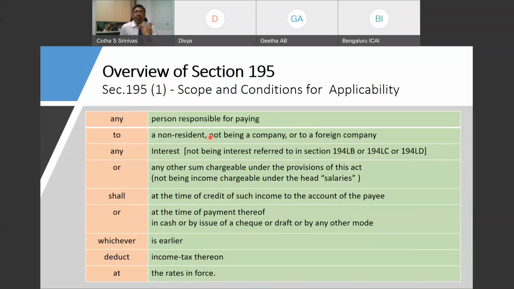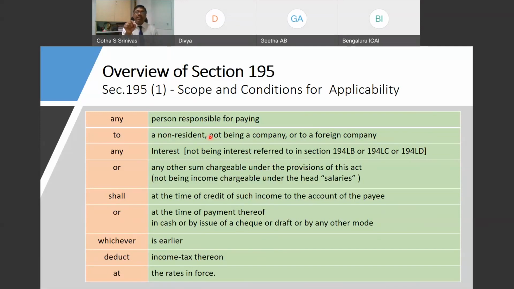But it also goes on to say that, for the purpose of non-resident, resident but not ordinary resident will not be covered, so it will be covered only with respect to a few sections: section 92, section 168, section 186, and section 90. In these sections, resident but not ordinary resident is also considered as non-resident.